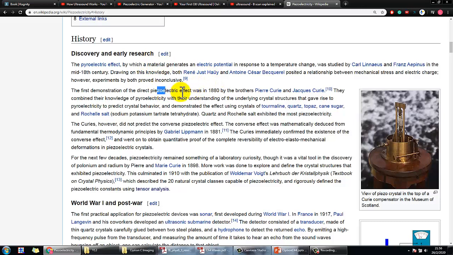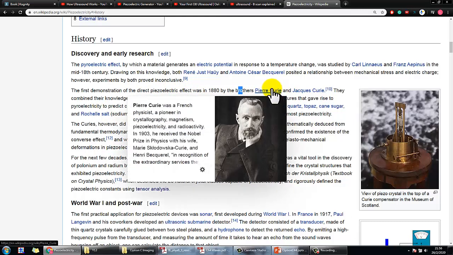So I think the first person to discover the piezoelectricity effect is the brothers Curie, and one of them, Pierre Curie, was someone that you probably know if you know about Marie Curie, who is his wife.